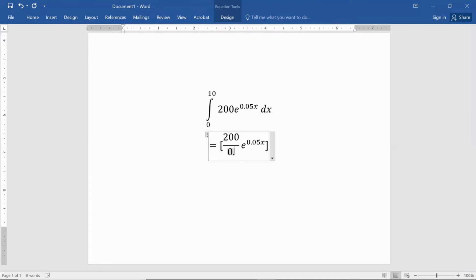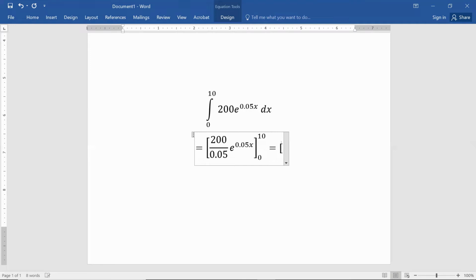In this case, that's 0.05. We will eventually be plugging in 0 and plugging in 10, or if you'd rather, you can say plug in 10, then plug in 0. By the way, 200 divided by 0.05 is 4,000.